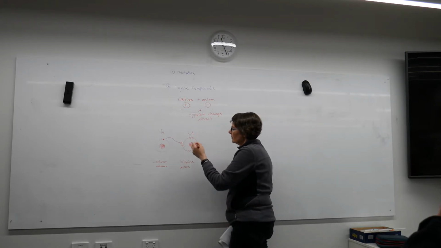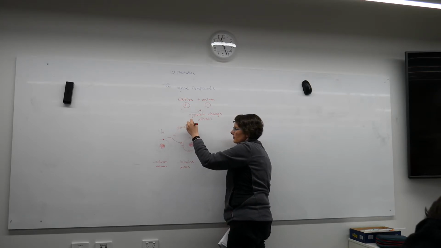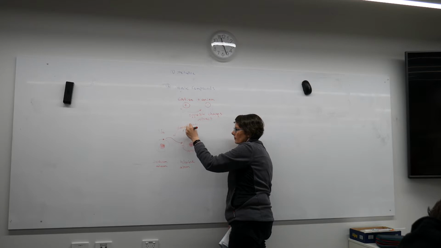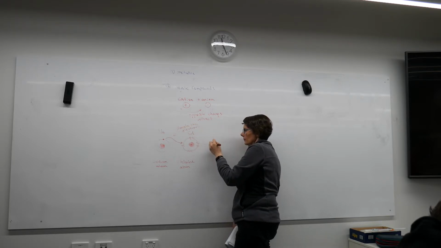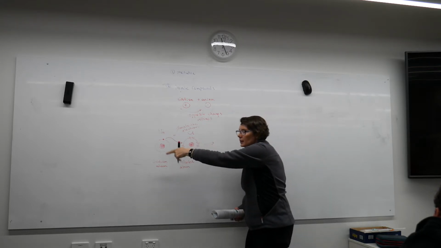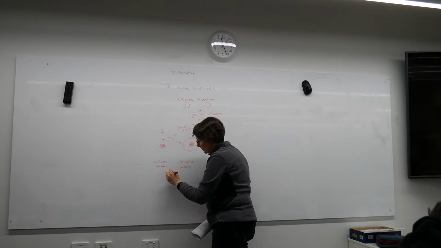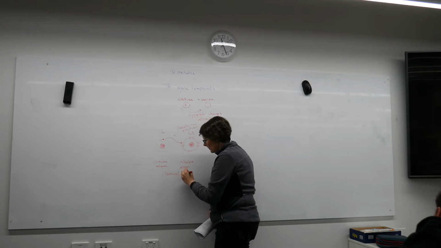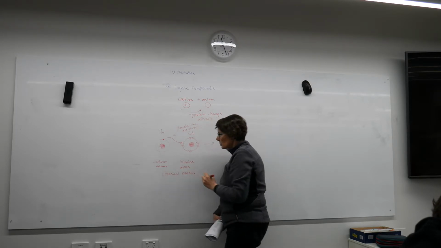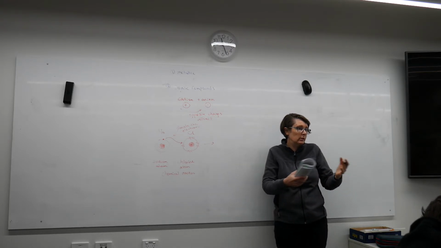Okay, so we have a donating electron. But this part here is a chemical reaction. We know it's a chemical reaction because we've had this movement of electrons from one substance to another.